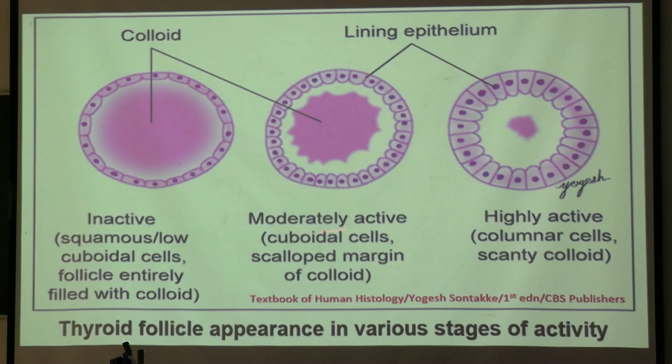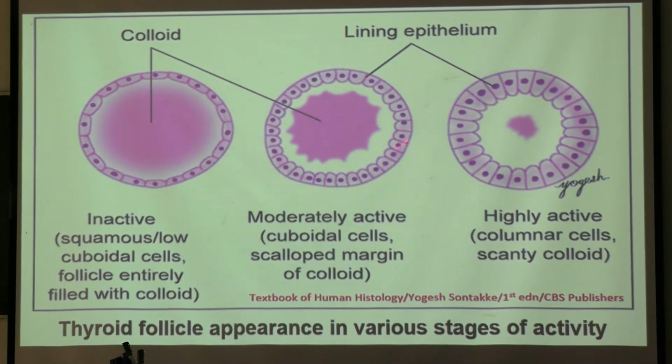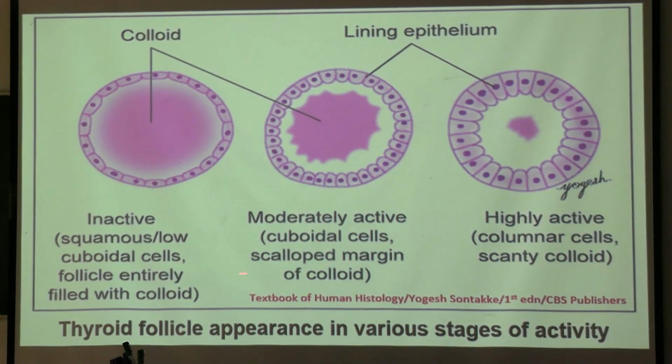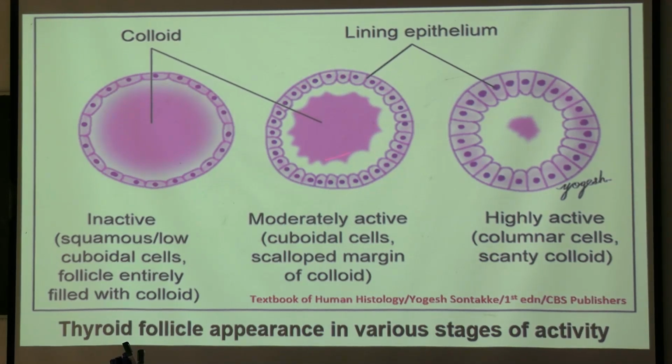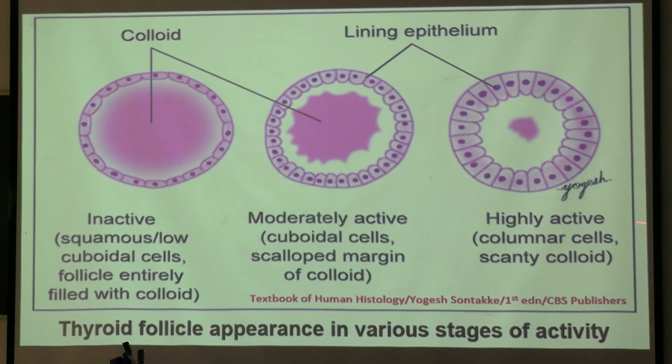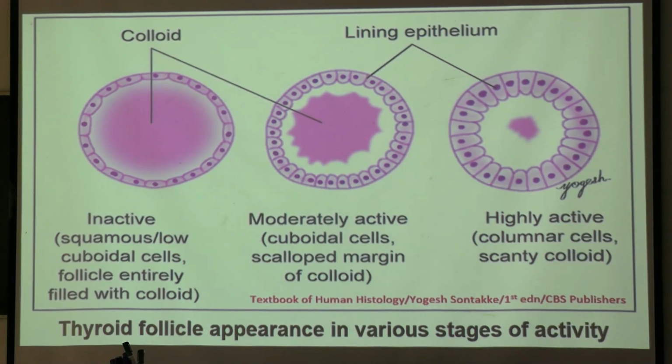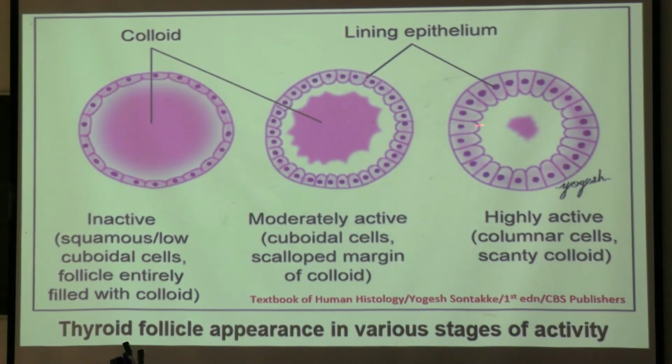Here, moderately active follicle: the lining epithelium is cuboidal cells with scalloping margins of colloid. And you can see there is a decrease in colloid in this moderately active state compared to the inactive state. And this is the highly active state, colloid is scanty and cells are columnar in shape.